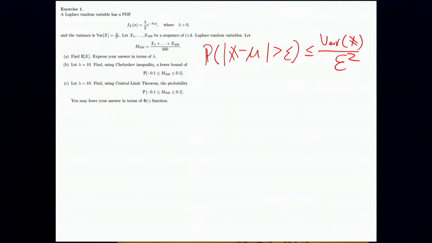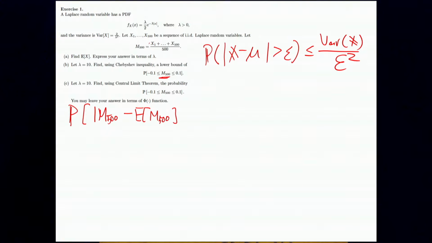So now I want to find it for M500. So it will be the probability of M500 minus the mean. We find the mean will still be 0. Well, the mean, I can write it down, is this, and you'll find it's 0 because in part A the expectation of X is 0.